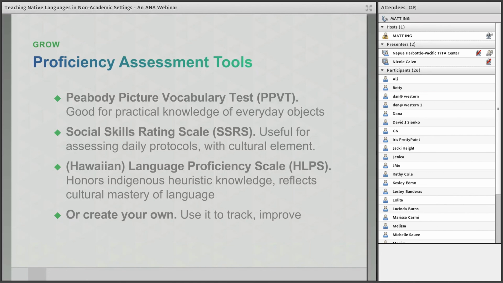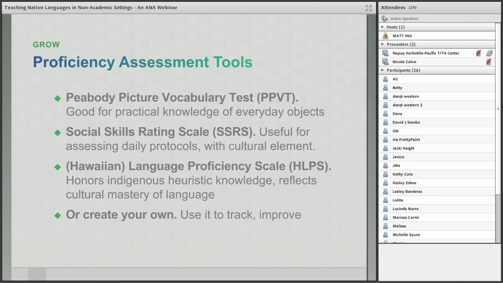There is also a Hawaiian language proficiency scale, and this reflects the cultural mastery of the language. So it's a combination of not only the linguistic, but the cultural nuances that occur in all of our native languages.